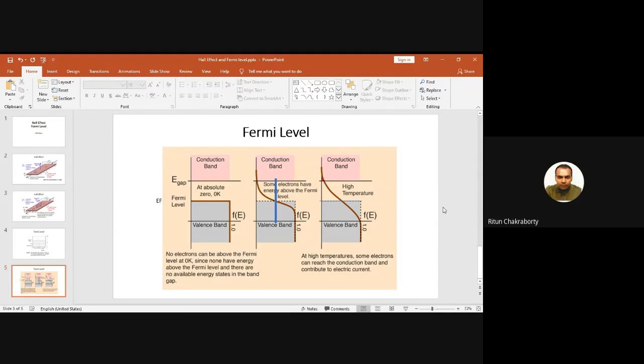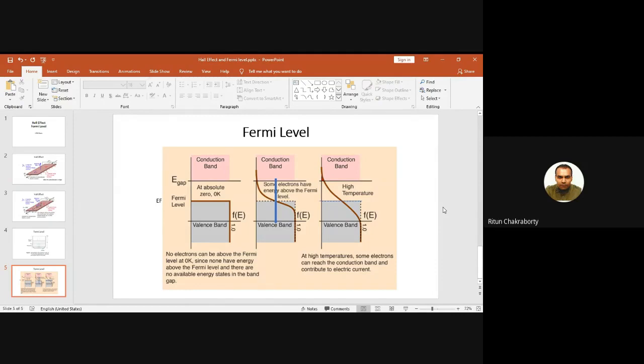So I'll read the notes, Fermi level. From the Sommerfeld free electron theory of metals, the energy eigenvalues are E_k equal to ħ² by 2m, times (π/L) whole squared, times n squared.